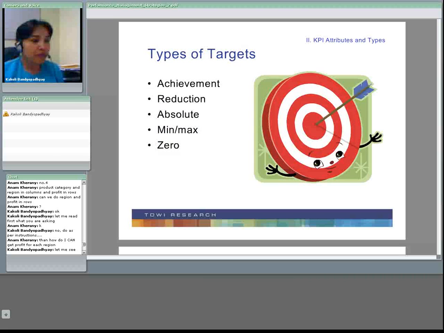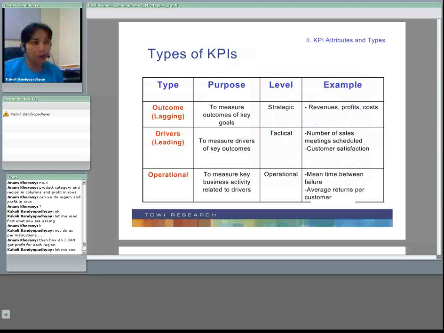Then the types of targets can be either achievement of something, reduction in cost, absolute value, min, max, or zero. And then the different types of KPIs: the purpose can be to measure the outcome, to measure the drivers of key outcomes, and the operational KPI would be to measure key business activity related to drivers.